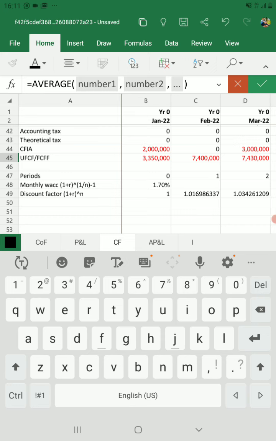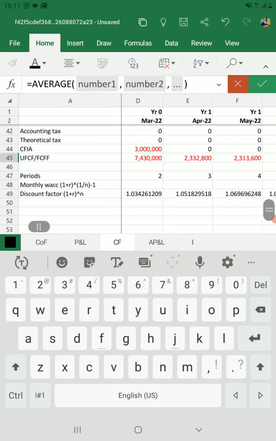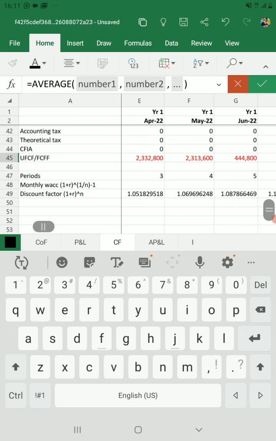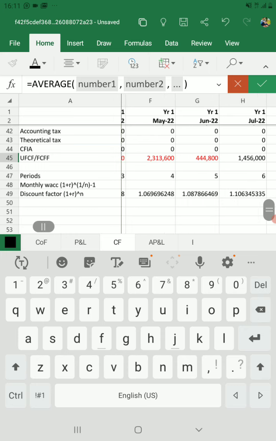Here is also an outlier period, because we have not yet started generating revenue. That's why we have negative unlevered free cash flow. We started to generate revenue in July. So we cannot take the unlevered free cash flow figures of these months into our average.